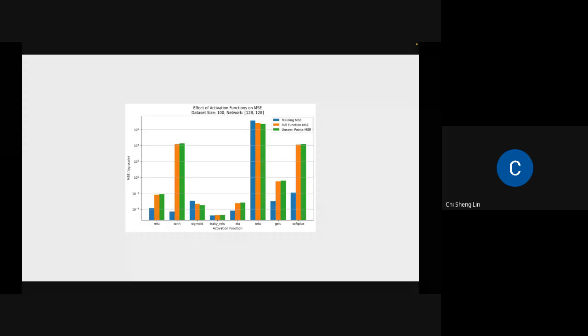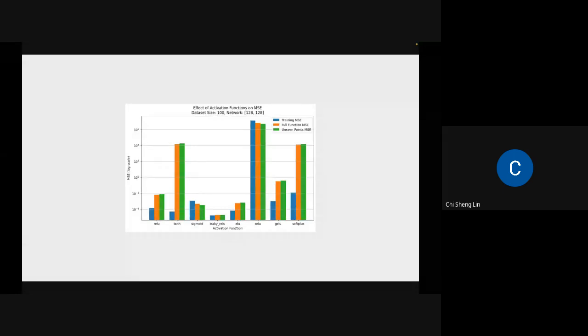And the sigmoid also performs well. I think for a small data set, sigmoid works, but is inefficient because it takes longer to converge. It converged at 9,000 epochs.